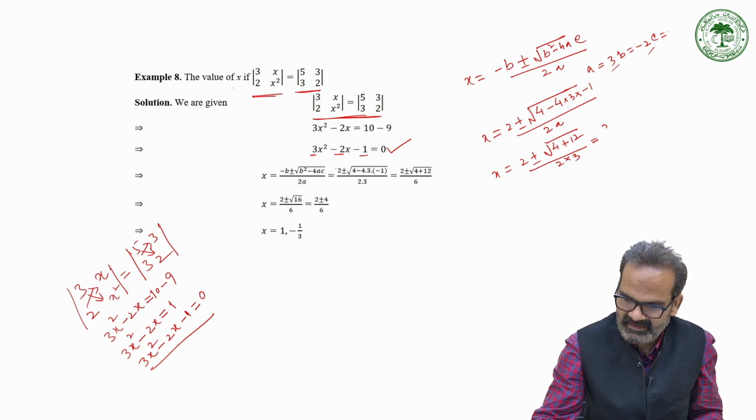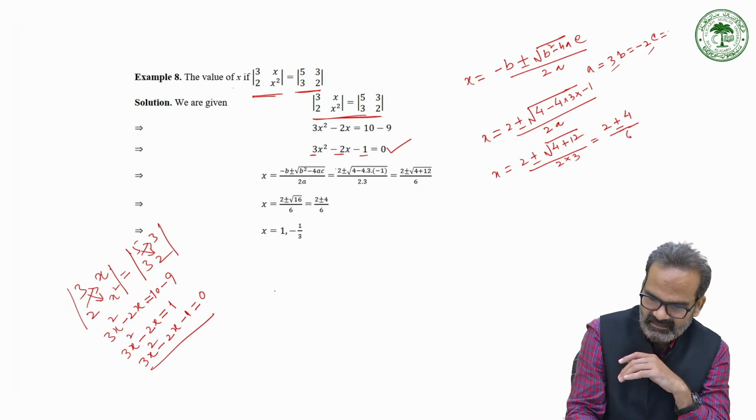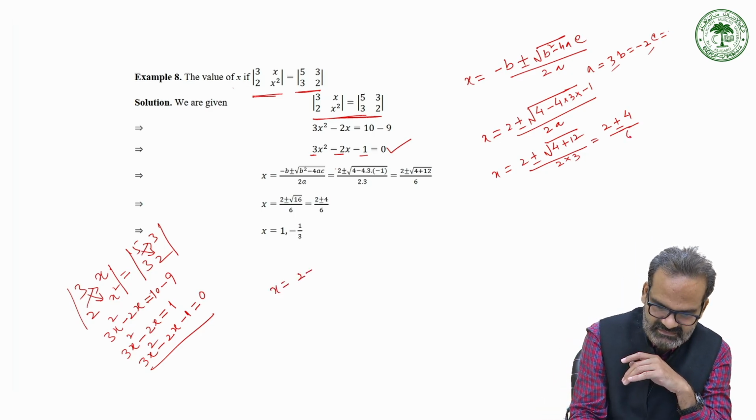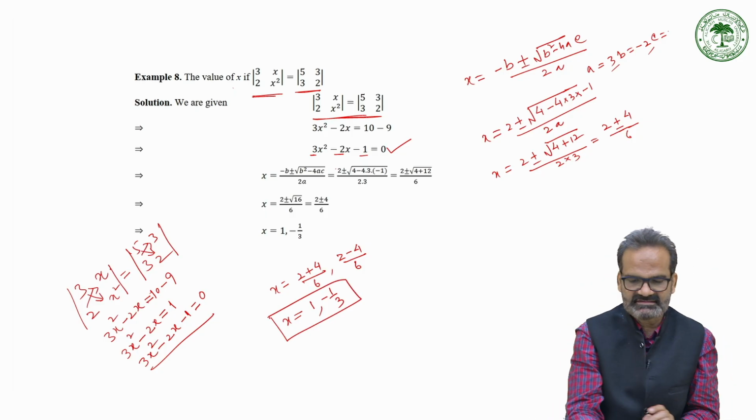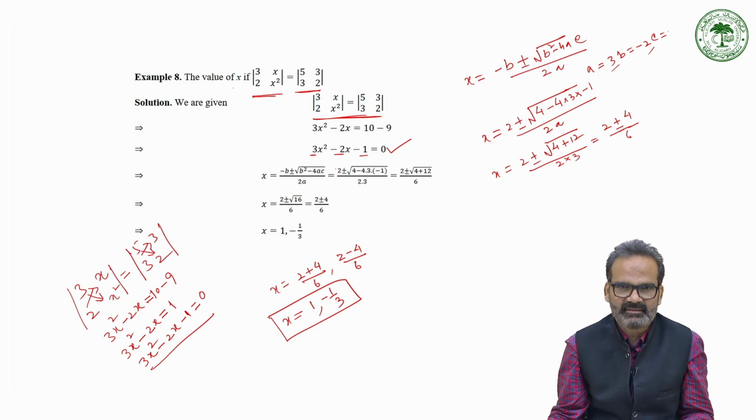So, this can be written as 2 plus minus root 16, the square root of 16 is 4, divided by 6. So, the values of x are: one is 2 plus 4 by 6, which is 1, and the other is 2 minus 4 by 6, which is minus 2 by 6, that is minus 1 upon 3. So, these are the two values of x if this determinant is equal to this determinant.